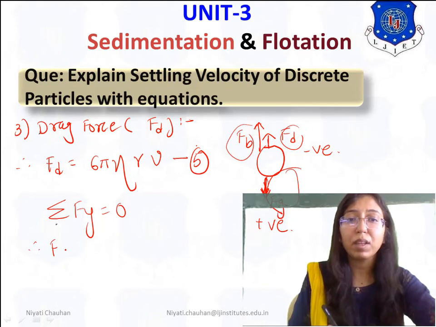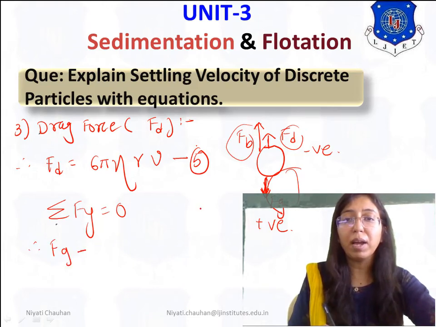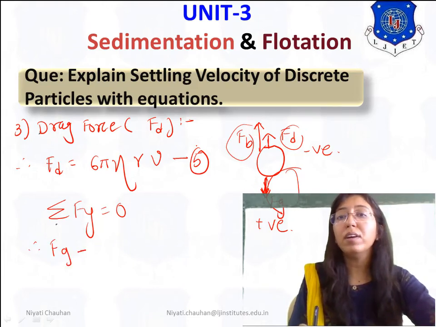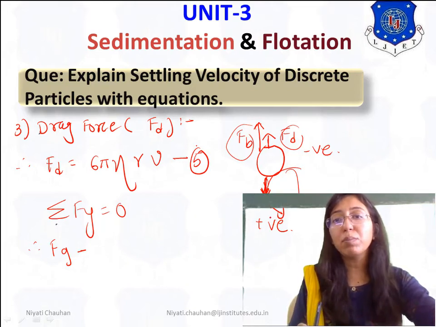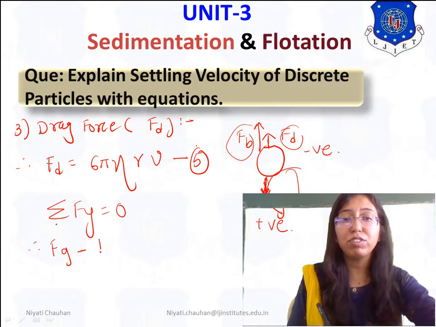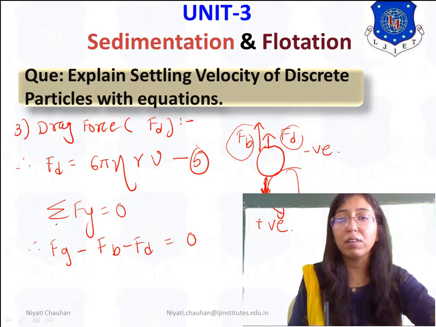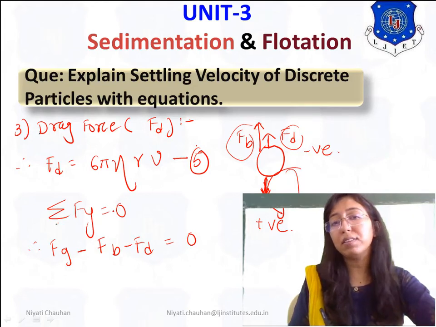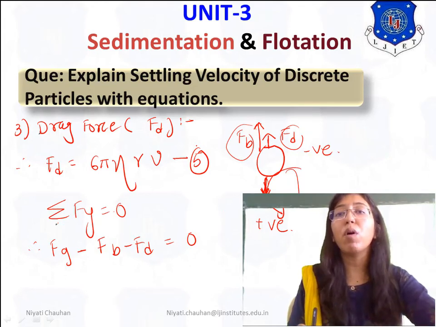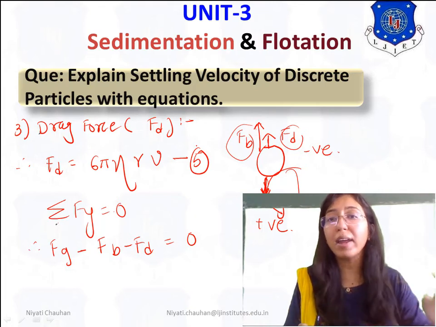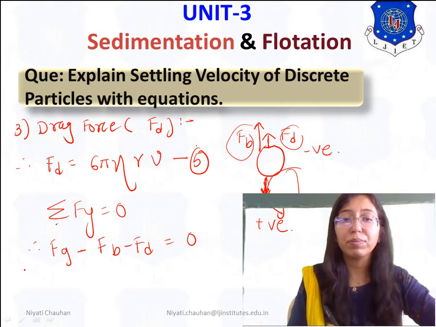So we get Fg minus Fb minus Fd is equal to 0, so sigma Fy is equal to 0. The algebraic sum of all forces on the y-axis is 0.